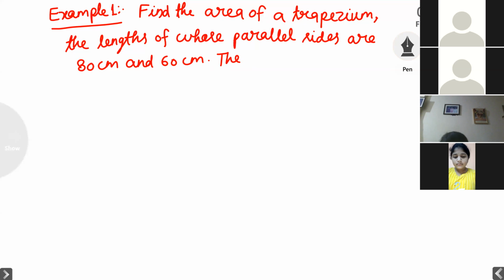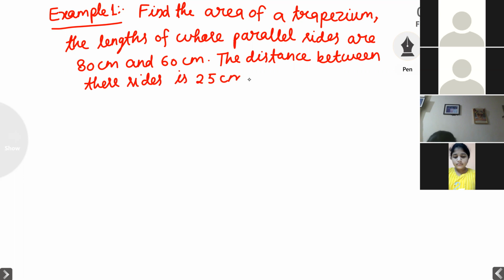The distance between these sides is 25 centimeter.